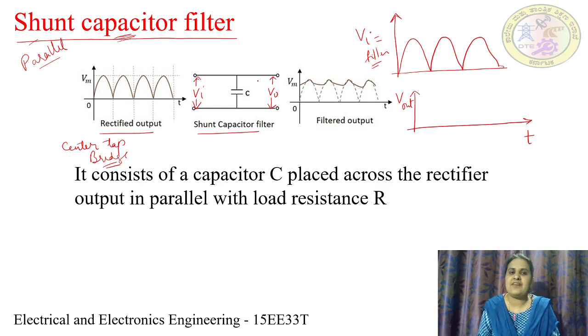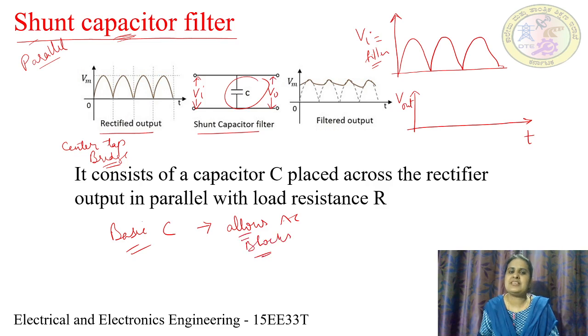Since we have a capacitance, the basic working principle of a capacitance is that it allows AC and blocks DC. The capacitor's most basic principle is that it starts charging. Here we want DC.